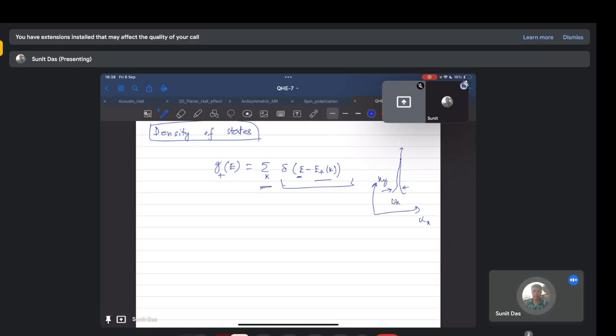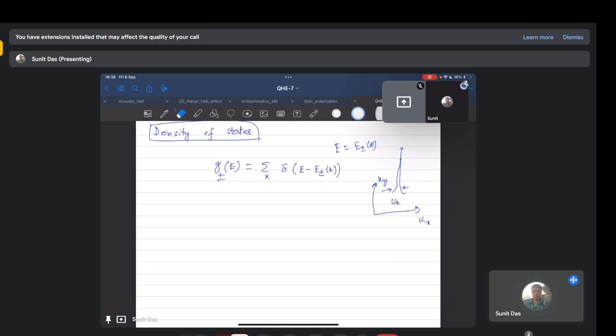So this is a sum over k space. You are considering all the k points in the Brillouin zone, and this delta will give you one only when E equals E plus of k, or in general, if I write for both spin states, E plus and minus of k. Whenever the argument of the delta function is zero, we will have 1, and otherwise it is 0.